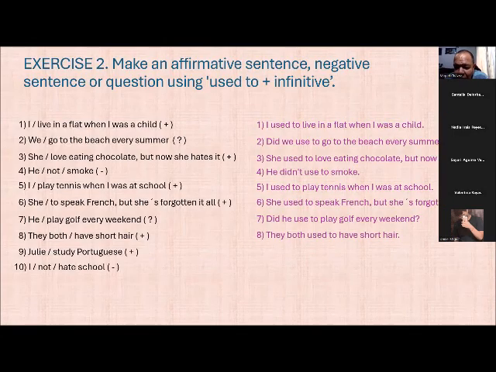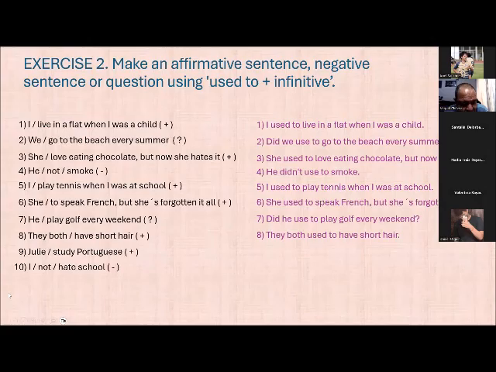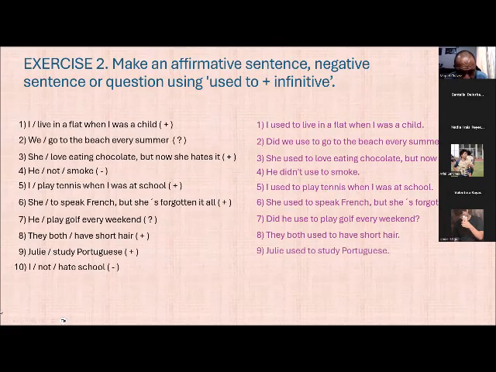Number 9, please. A volunteer for number 9. Ariel, please. Number 9. Julie used to study Portuguese. Yes, you're right. Julie used to study Portuguese.